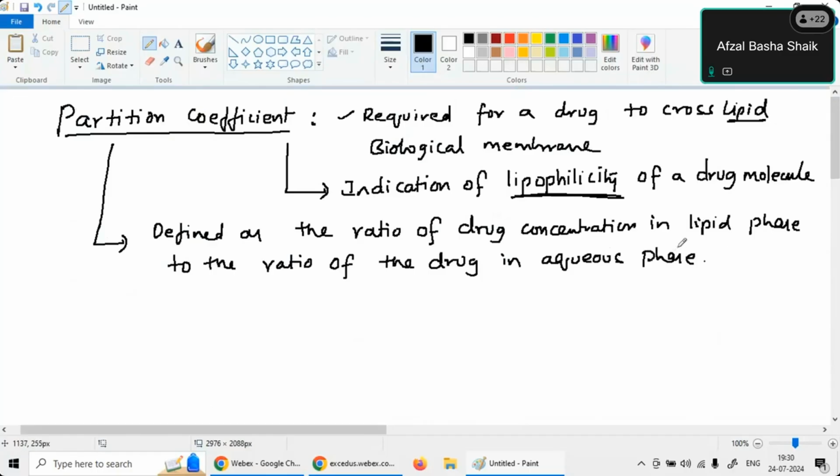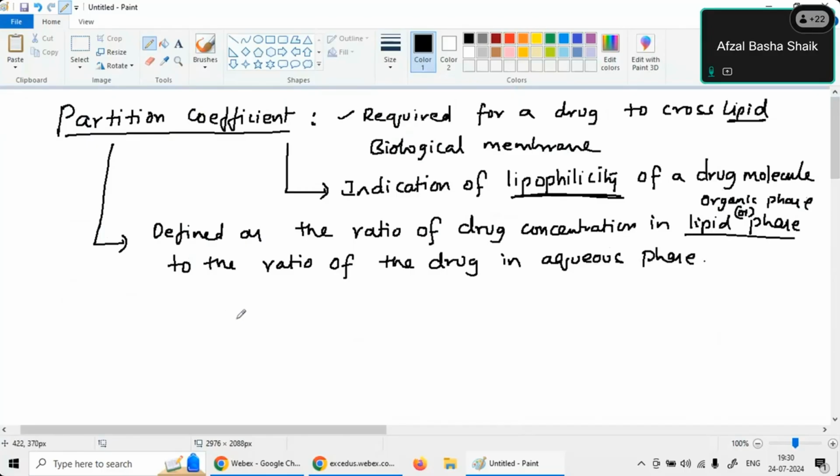Right? Yes or no? Lipid phase, or we will call it the organic phase. Right? Or aqueous phase or polar phase, we can use any other terms, right?